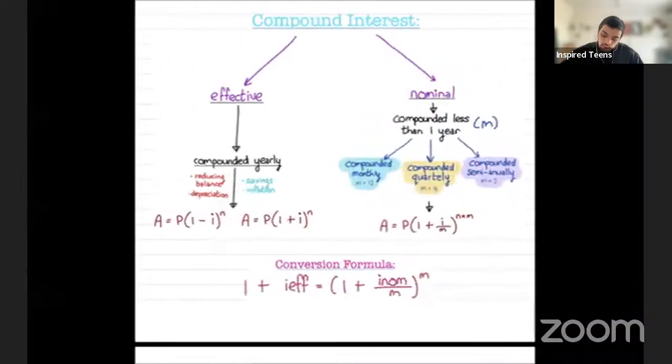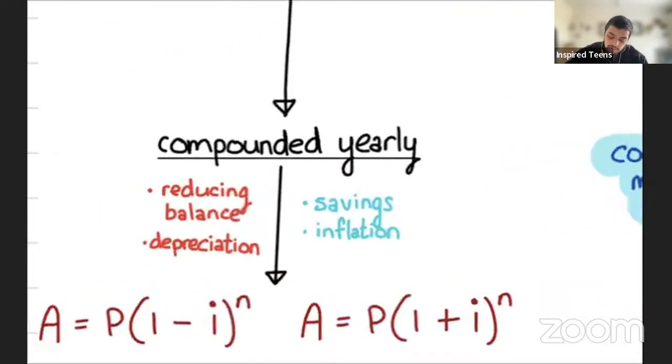We'll discuss compounded monthly in a second, but compounded yearly basically means that every year our interest compounds, and therefore every year we're going to make payments.